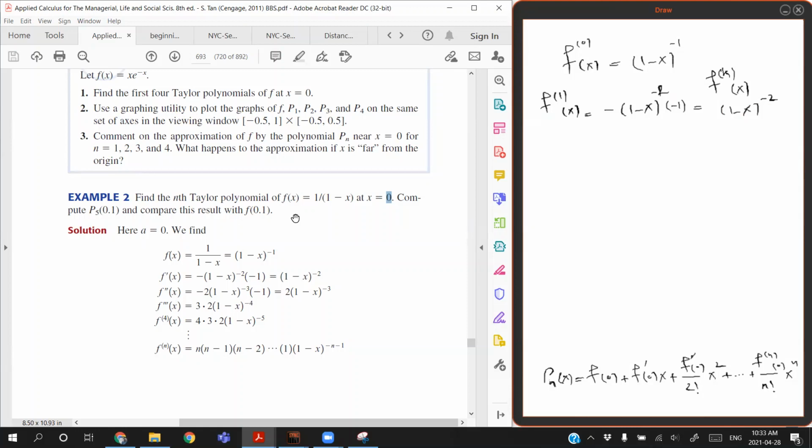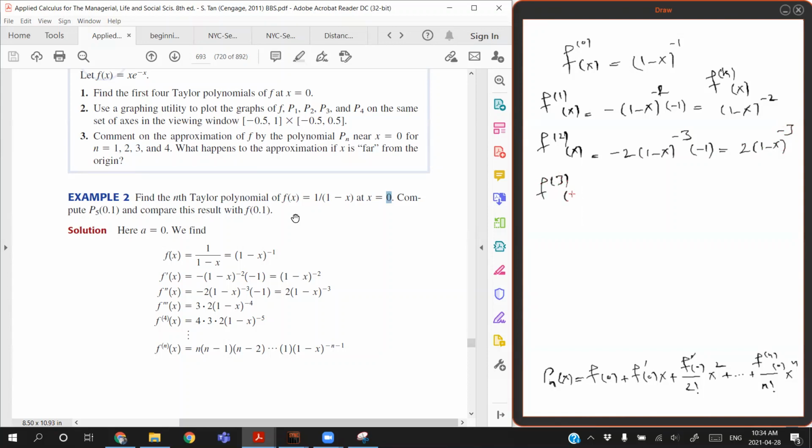It becomes positive. And then when I take the second derivative, it becomes minus 2 times 1 minus x to the power of minus 3, and I have to multiply by the derivative of the inner function again, so it becomes 2, 1 minus x to the power of minus 3. Let's keep doing that.